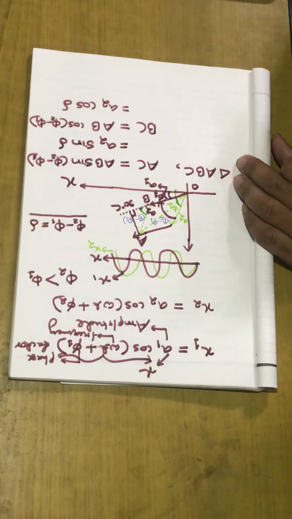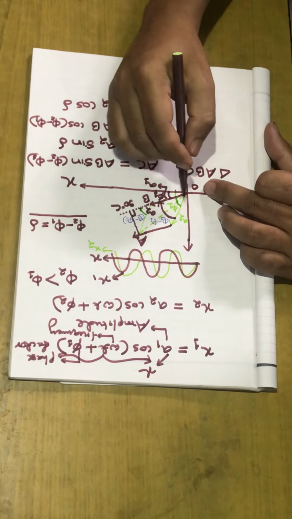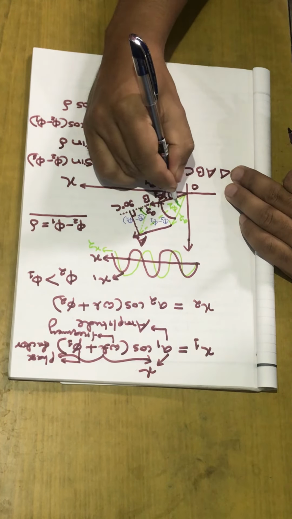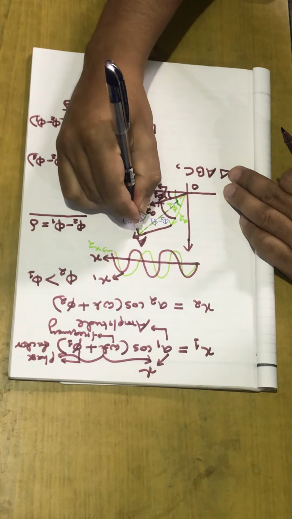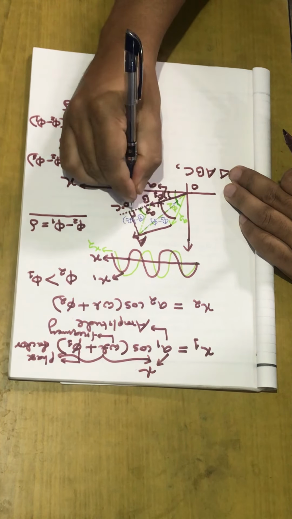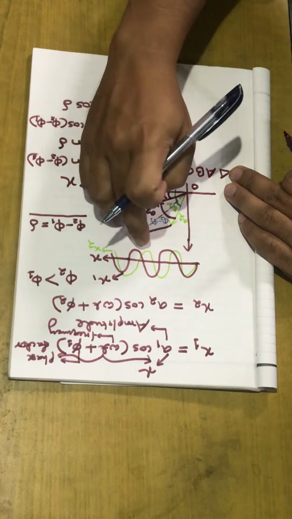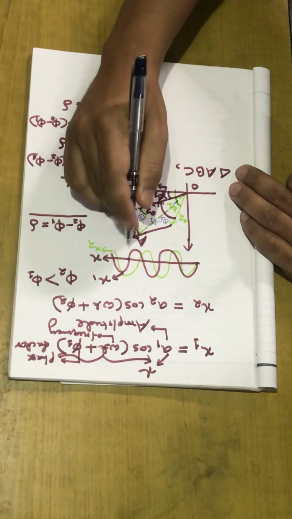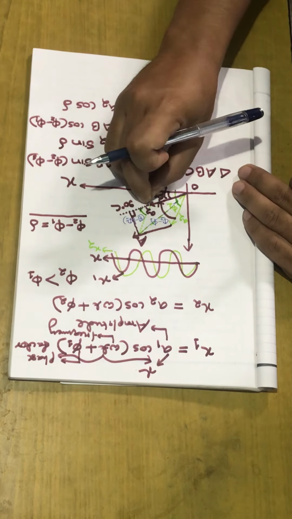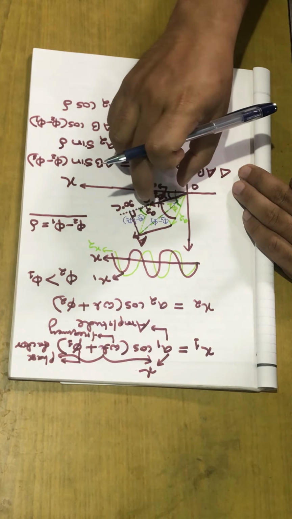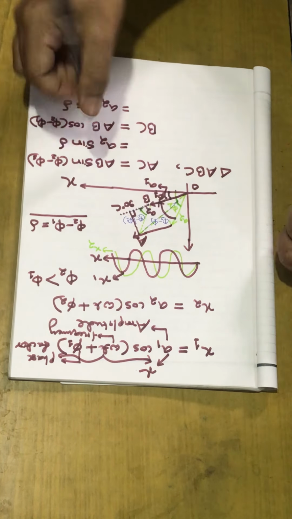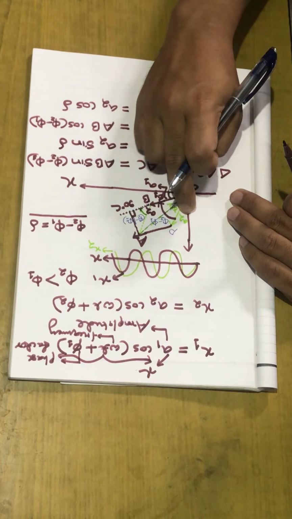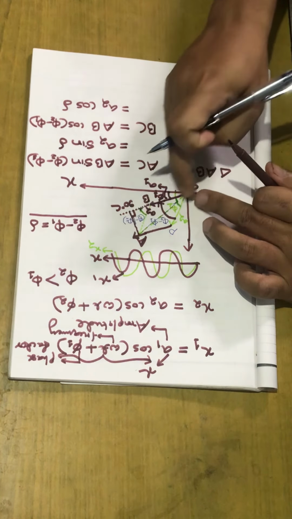Okay, now look at the triangle OAC. I am referring to this triangle. This is also a right angle triangle because AC is perpendicular on this line. From this triangle, this is the resultant. OB is equal to the a1 vector, OD is equal to the a2 vector, and their resultant is this vector, the OA vector.